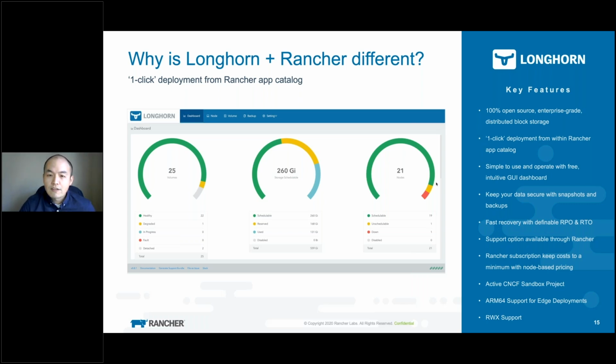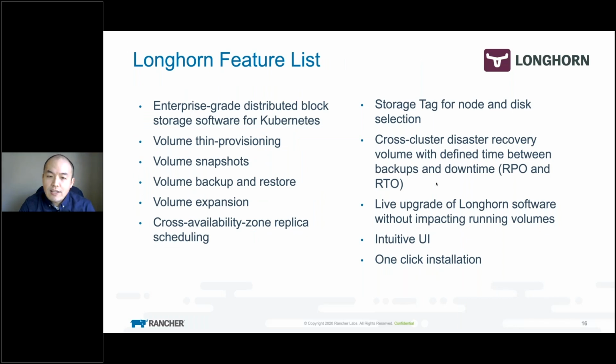Okay, so for Longhorn's features, as I mentioned, this is the current major feature set. Longhorn itself is enterprise-grade distributed block storage software for Kubernetes, and we support volume thin provisioning and snapshot and backup restore. The Longhorn snapshot is always made inside the Kubernetes cluster, and Longhorn also has a built-in incremental backup restore mechanism, which enables users to back up single volumes outside the cluster, like to S3 or an NFS server.